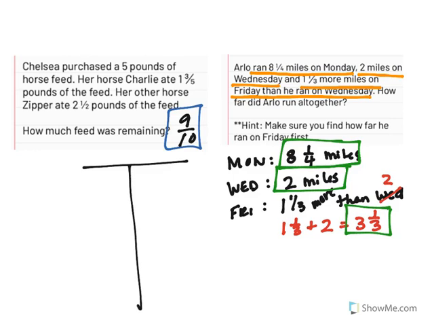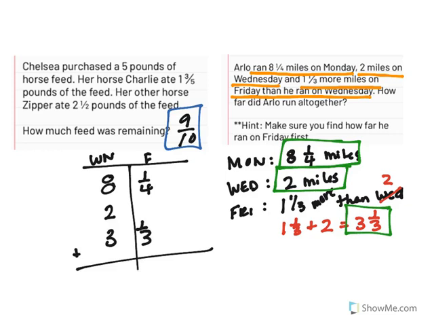We always set up our T-chart. We have 8 1/4 plus 2 plus 3 1/3. Okay. We know we don't have a common denominator, so we have to find the LCM. Our LCM would be 12.